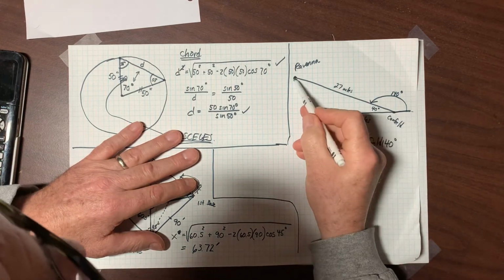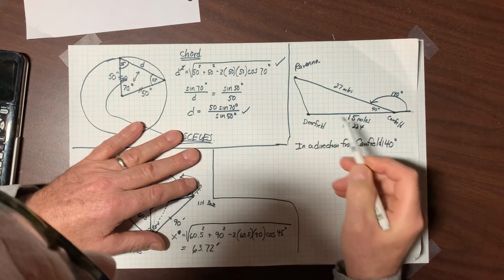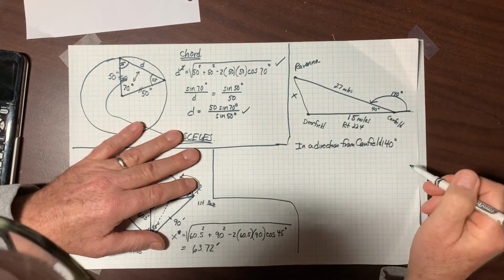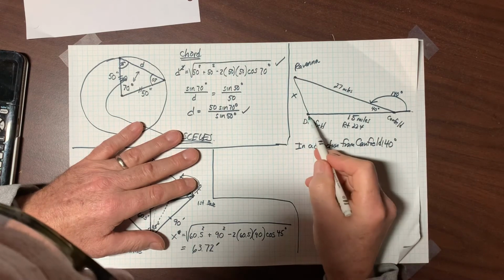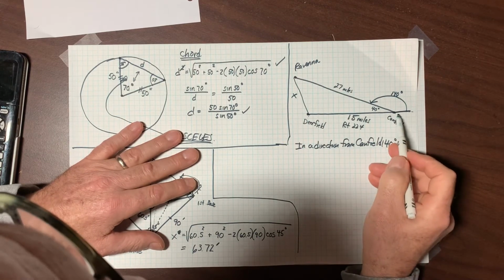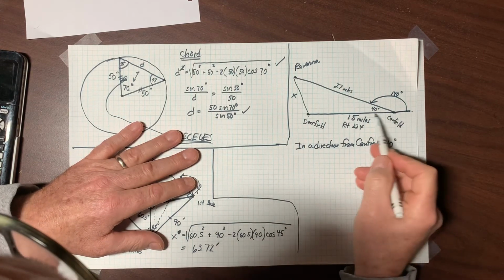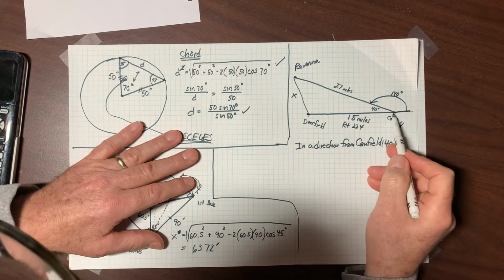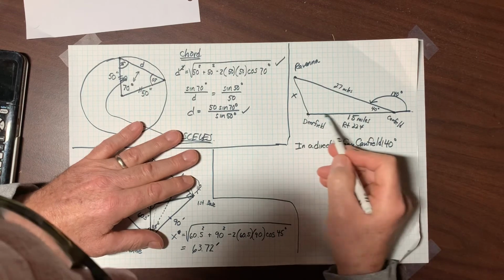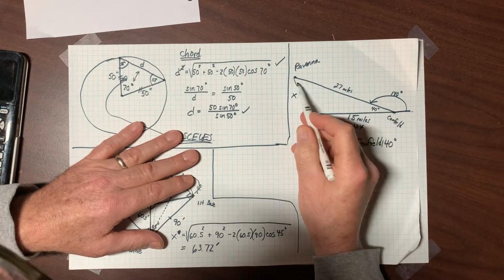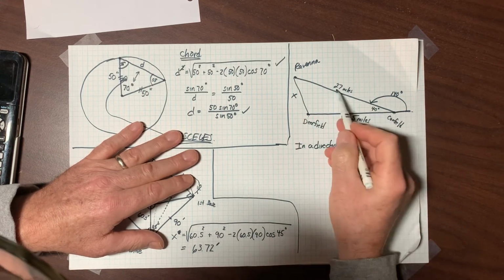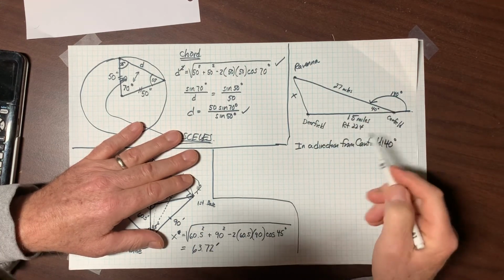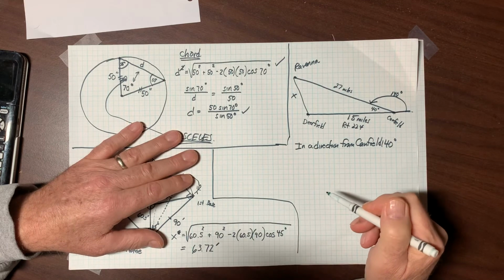And my question is going to be, how far is it from Deerfield to Ravenna? So we know the distance from Canfield to Deerfield. We know the direction from Canfield to Deerfield would actually be 180 degrees, but we're just saying due west. And then the direction from Canfield to Ravenna is 140 degrees, and it's 27 miles away. So when you look at this situation, I'm hoping you see it as a law of cosines problem.